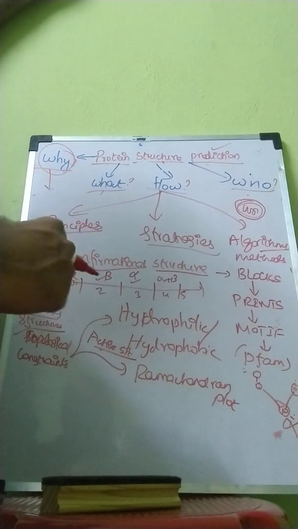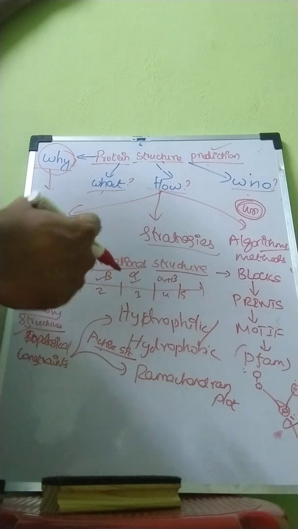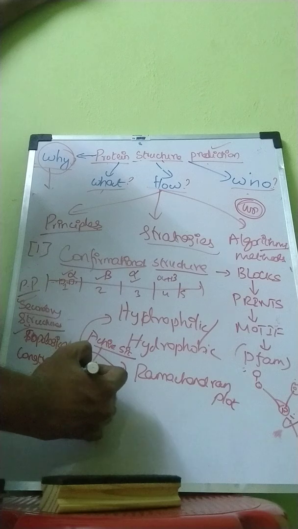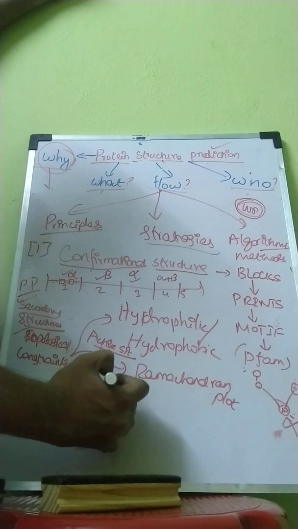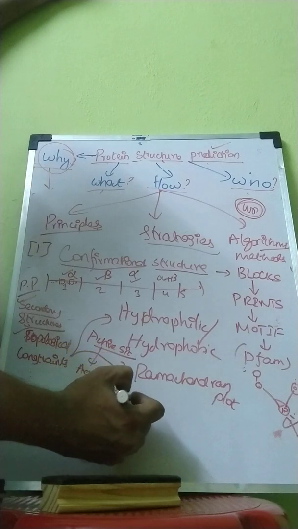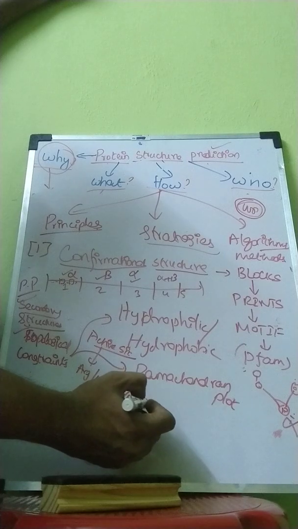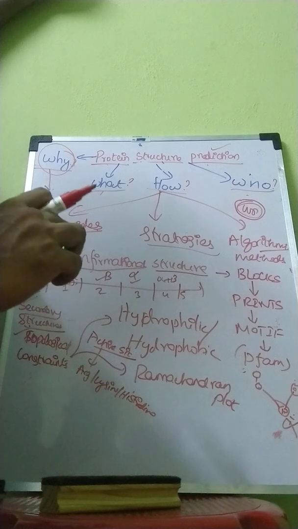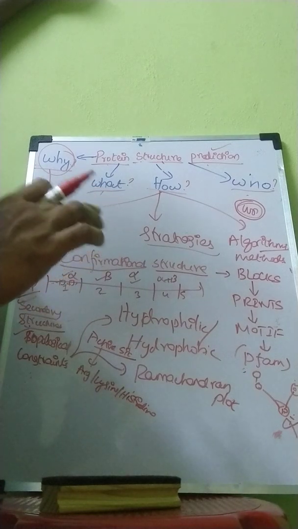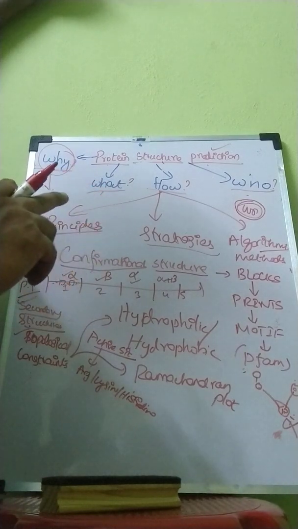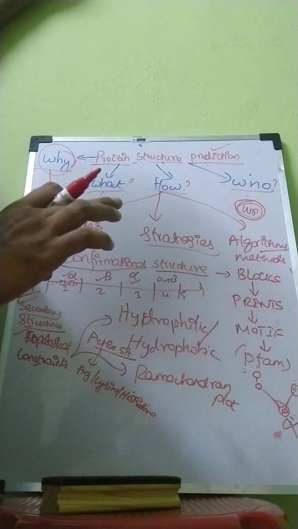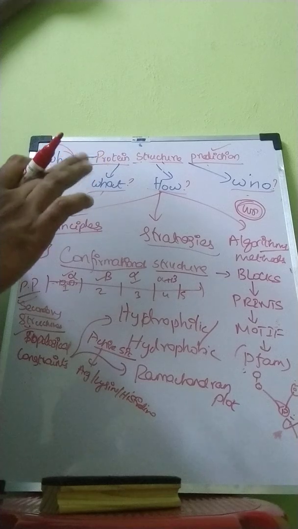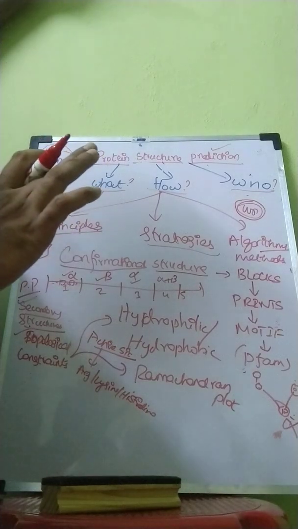Okay, if you want to confirm this, okay, there is another rule. If you are finding the presence of certain amino acids like arginine, lysine, histidine, asparagine, okay, in that hydrophobic hydrophilic fusion, that indicates that particular part of the protein is definitely the active site, and it will be playing a role in executing the function.